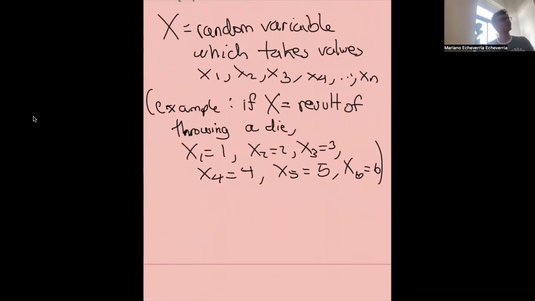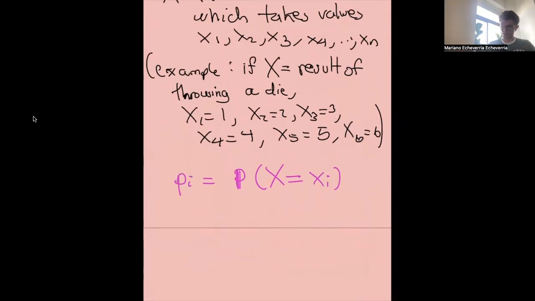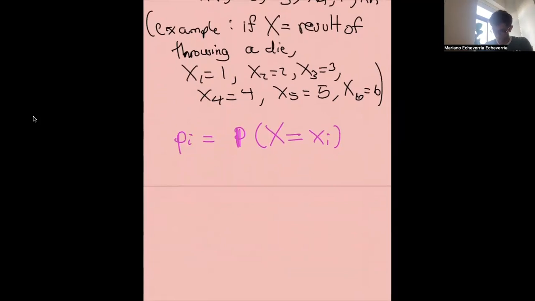Let's say you assume that the probability that x takes the value xi is just pi. Then what's called the Shannon entropy is defined as the expected value, an average, of the information.